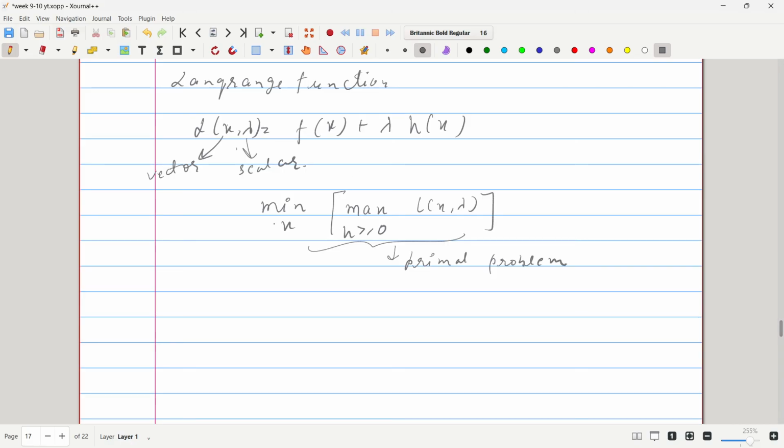Because in this, first we have to minimize over x, then maximize over lambda. If we have to first maximize over lambda greater than equal to 0, and then minimize over x, f(x) plus lambda times h(x), okay, so this will be, you can say, the dual problem.